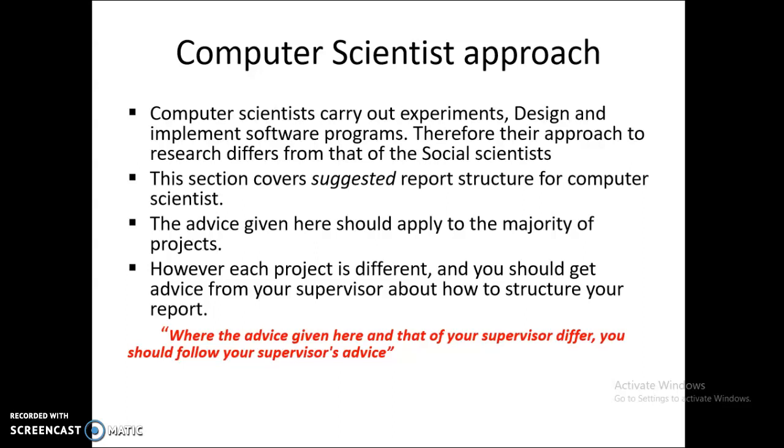Also, the concern of this lecture is to show how the projects of social scientists are different from those of computer scientists, and you should get advice from your supervisor about how to structure your thesis report. Now, when the advice I am giving here is very different from what your supervisor has told you or recommended, I insist and advise that you should always follow your supervisor's advice.